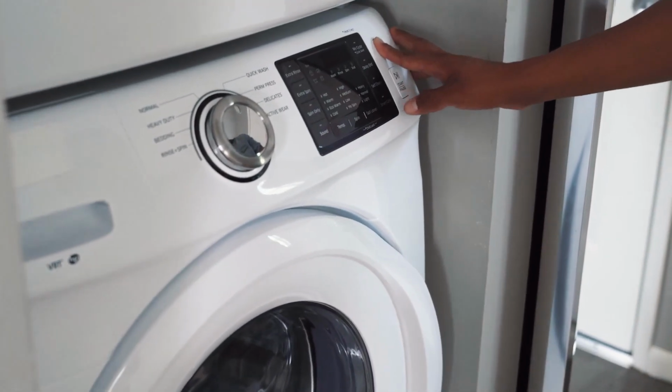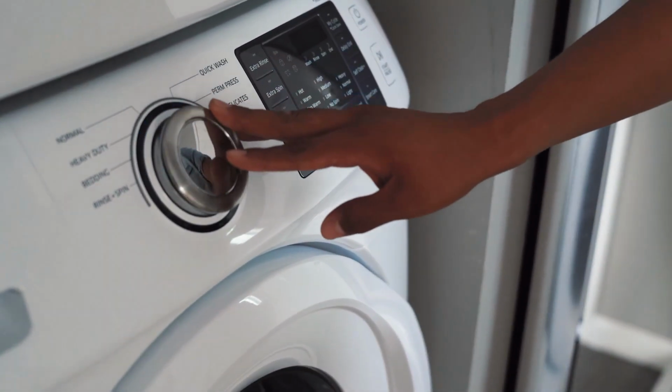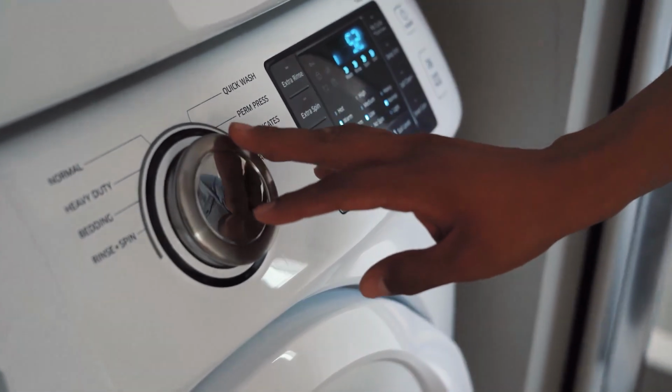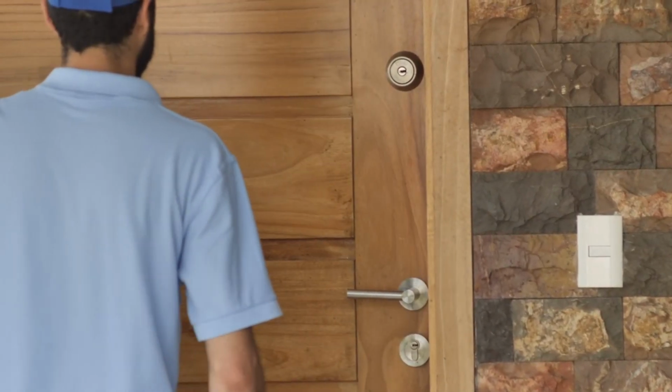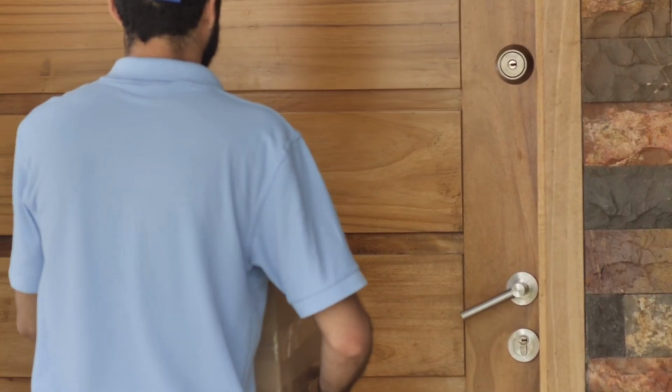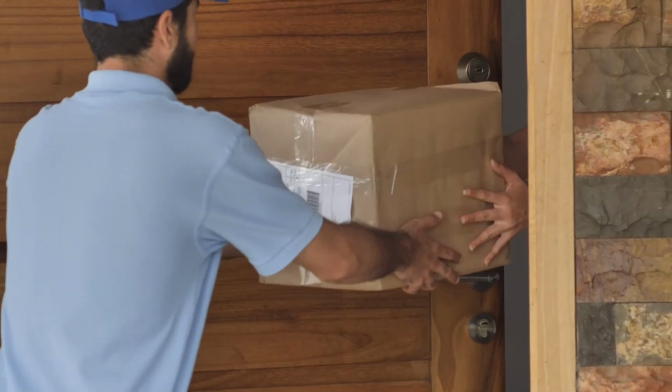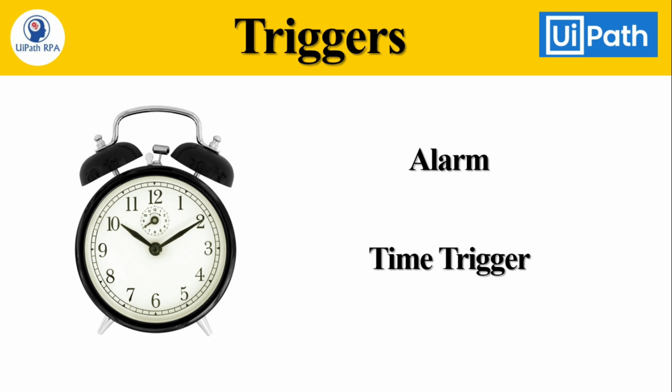Your washing machine starts when you press a button. That is also a trigger. Think about a doorbell. When someone presses the button, the bell rings. So pressing the button is the event, and the bell ringing is the action. So a trigger is a combination of an event and an action. Similarly, in automation, triggers help us decide when and how a workflow should start or respond to changes.